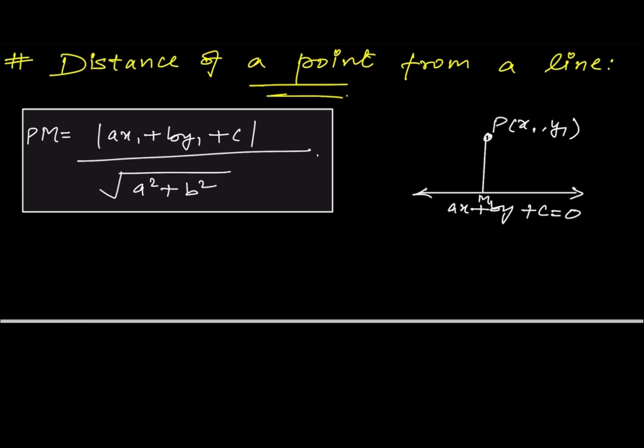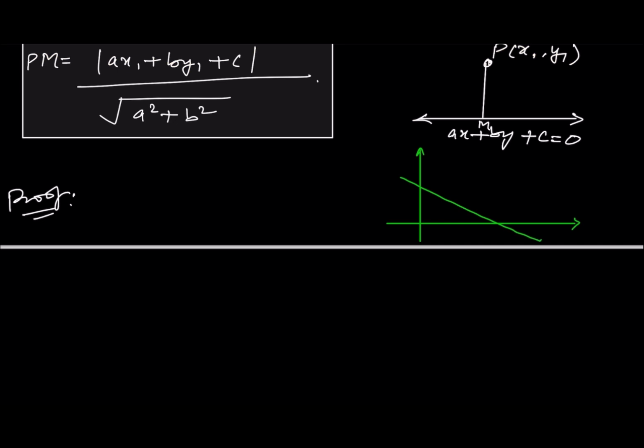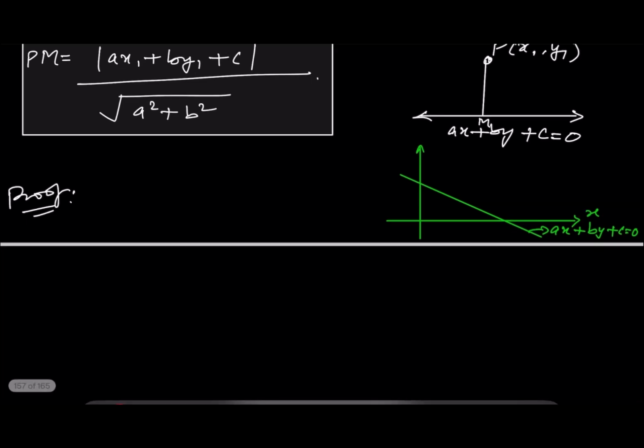So let's see. Let's say this is the line from which we need to find the distance. Say this is ax plus by plus c is equal to 0. Okay, as this is intersecting x and y axis at A and B, so we can write coordinates of A and B as well.